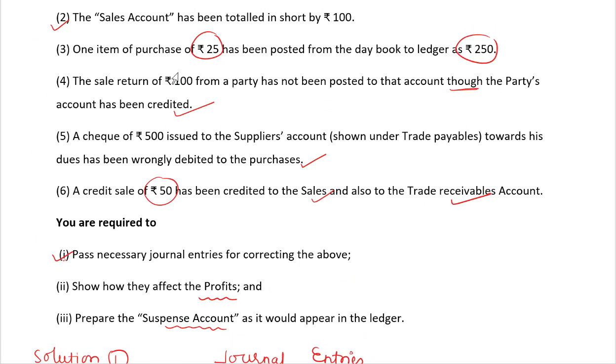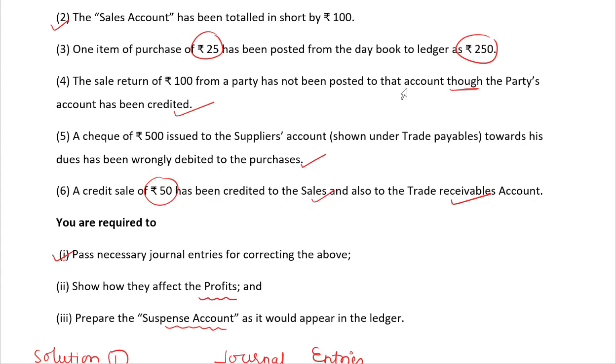Let's move ahead. Point number 4. A sale return of 100 from a party has not been posted to that account, though the party's account is credited instead. Okay, so basically the sale return was 100, and it has not been posted to that account, that is the sales return account, though the party's account has been credited.